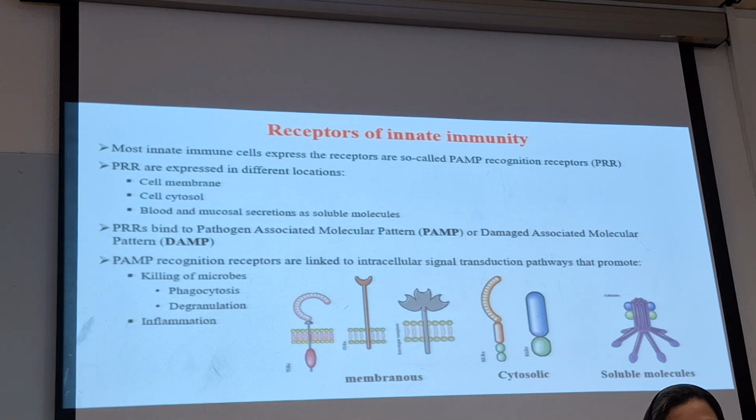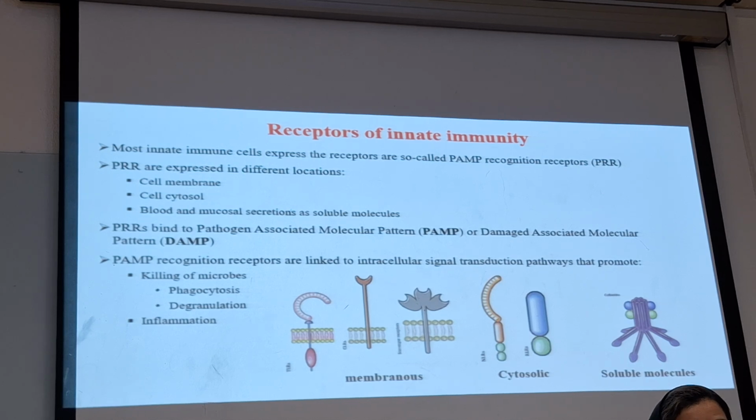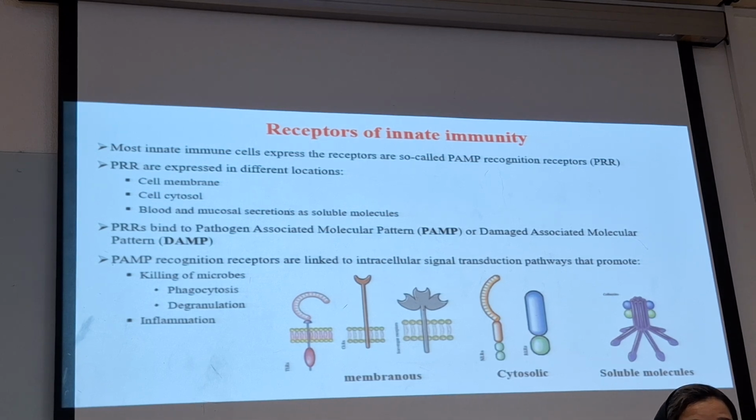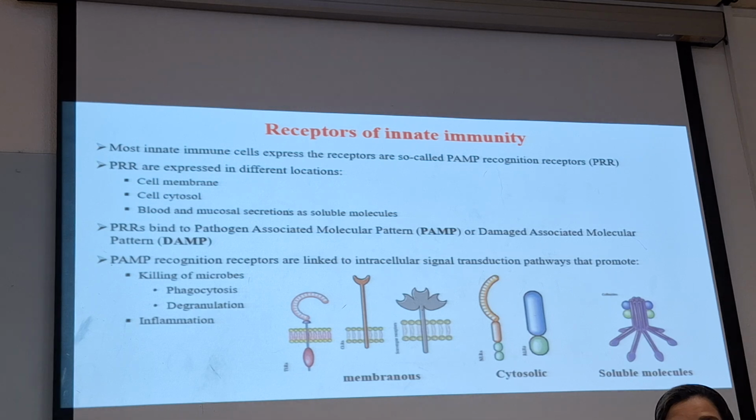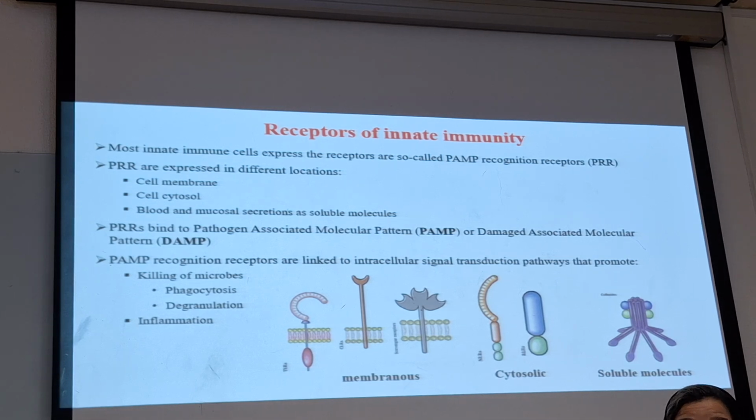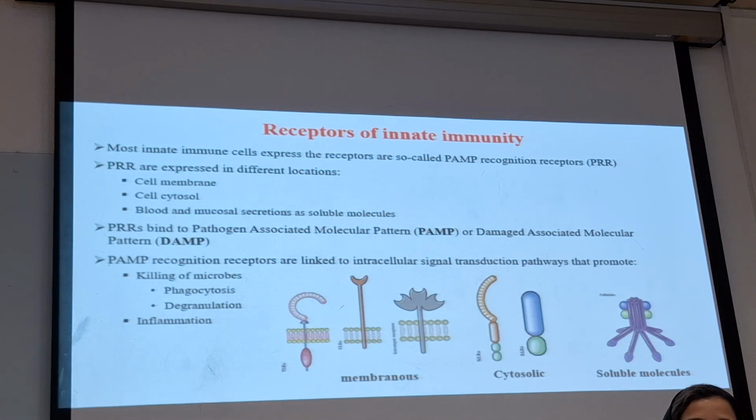In vaccination, we use some substances as adjuvants, and these adjuvants, by enhancing the innate immune system, lead to boosting the adaptive immune response, so the adaptive response is activated more strongly than without these adjuvants.